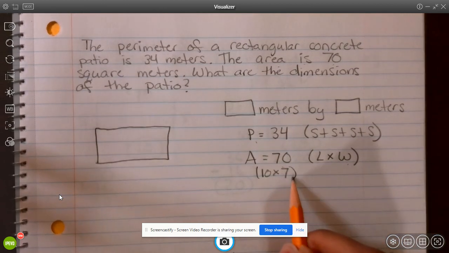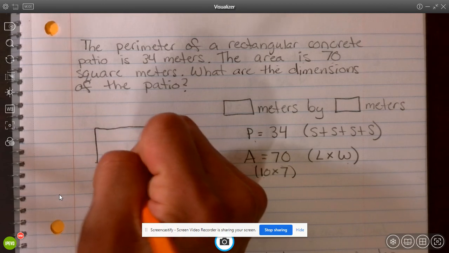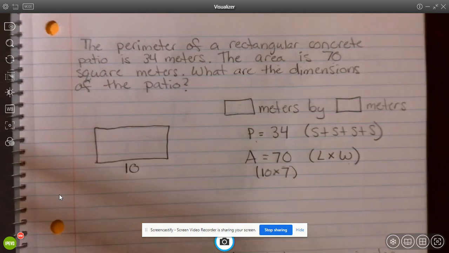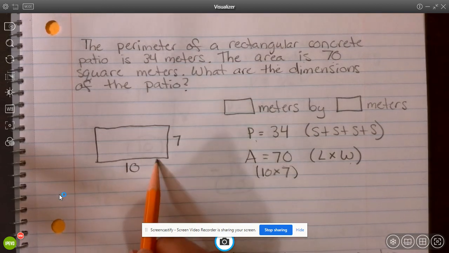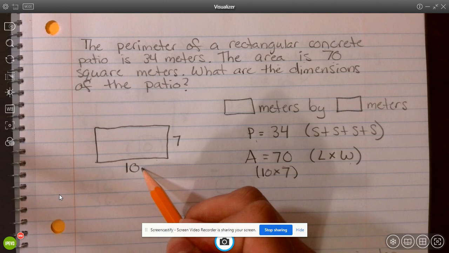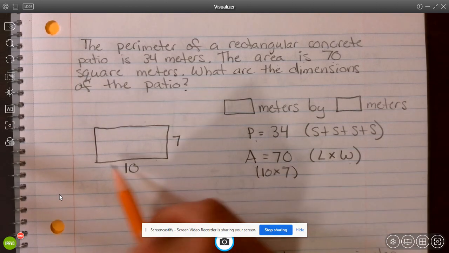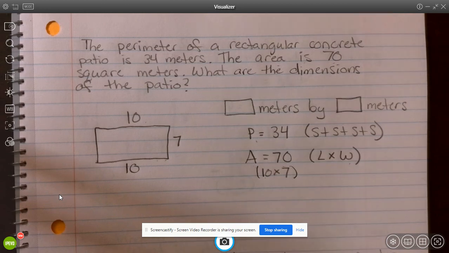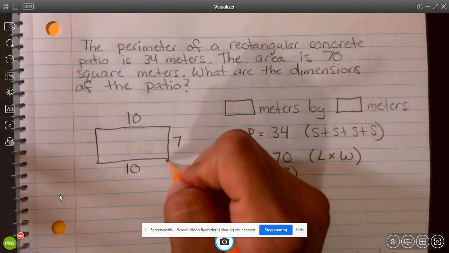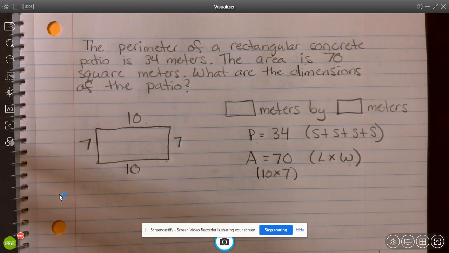So I'm going to put 10 as my length, 7 as the width. Now what you do on one side is the same as the other side. So 10 here for my length, 10 here for the other side of my length. 7 for the width, 7 for the other side.